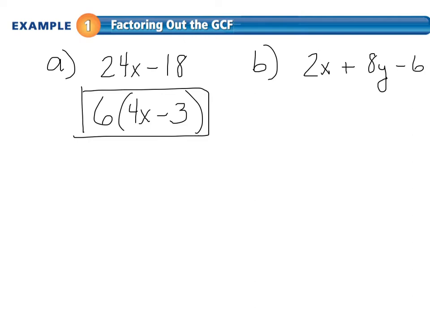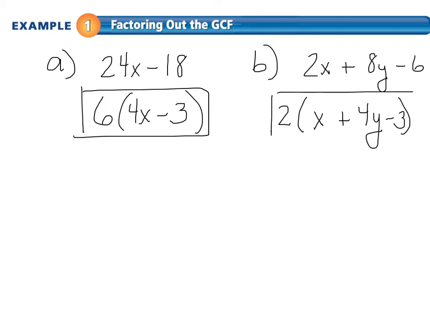The greatest common factor would be 2. So you're going to divide 2 out of all three of those terms. So 2x divided by 2 gives us 1x. 8y divided by 2 gives us 4y. Negative 6 divided by 2 gives us negative 3. So the answer would be 2 times the quantity x plus 4y minus 3.